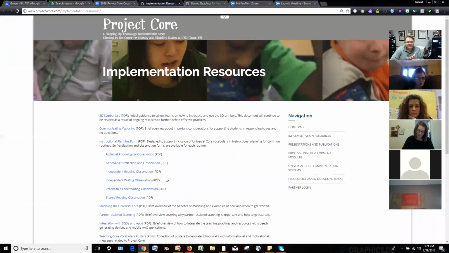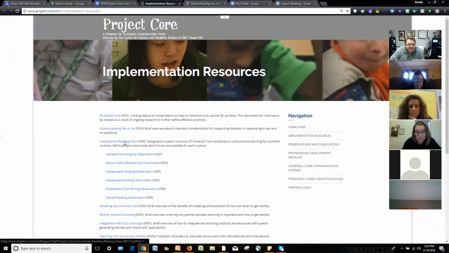There's the self-reflection forms that we've talked a little bit about, for those of you doing the project as a credit opportunity, where someone could observe and do a fidelity check. But there's also, let's see, there we are, the instructional planning form.